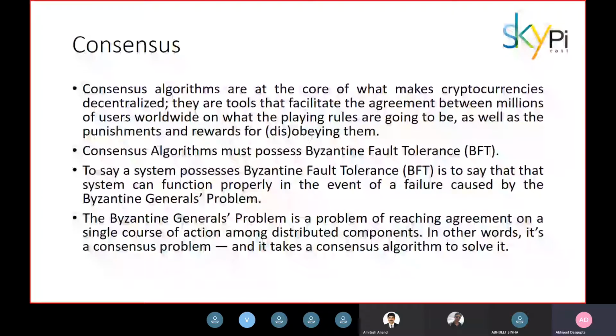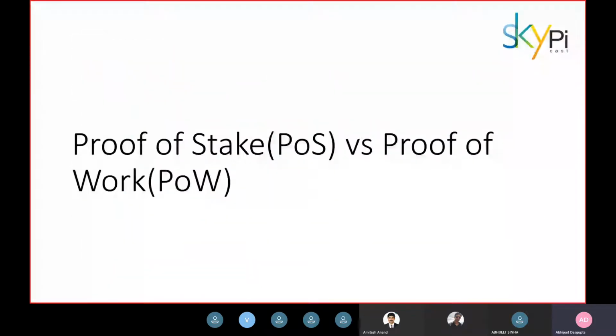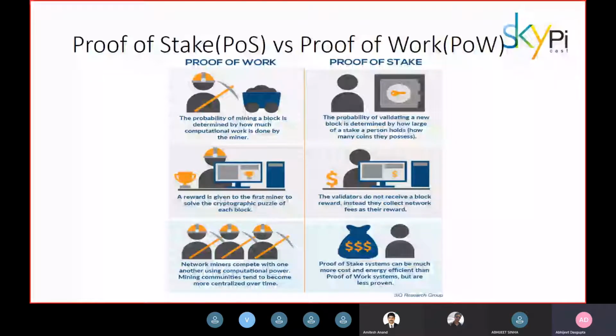If you look at this infographic for a moment, we can have a quick glance at the differences between proof of work and proof of stake. Let's go ahead and see one at a time. In proof of work, the probability of mining a block is determined by how much computational work is done by the miner.